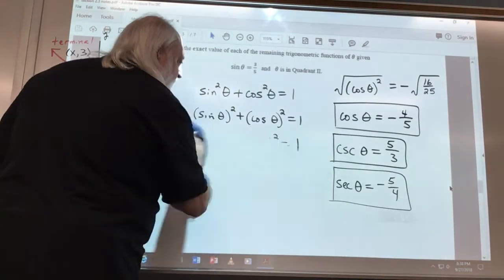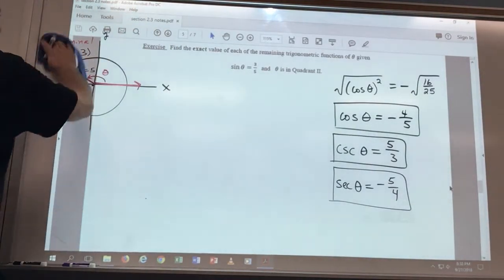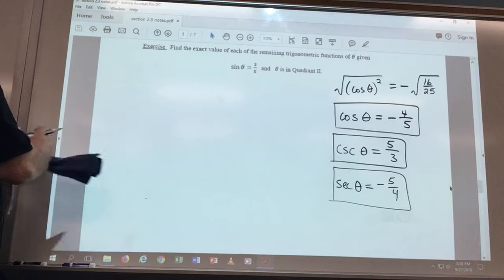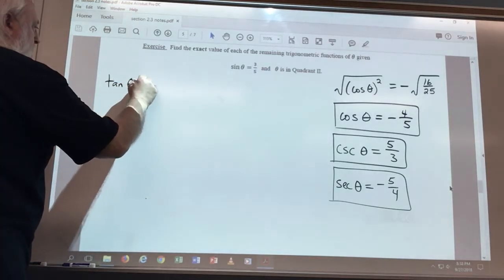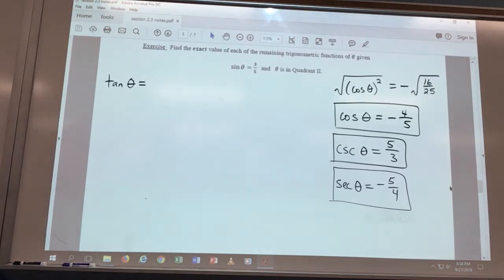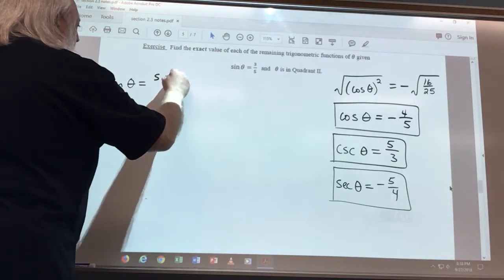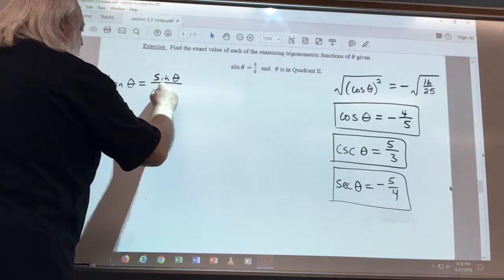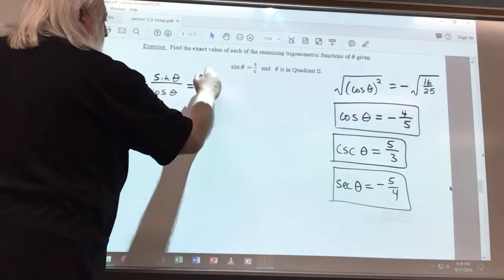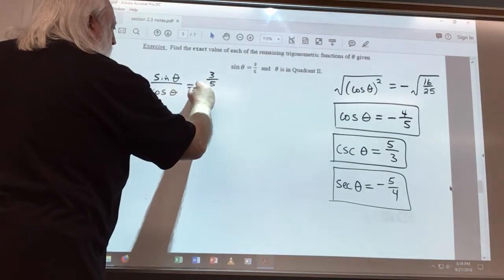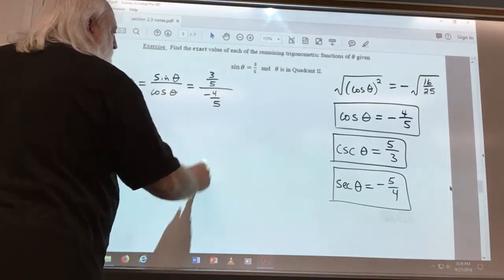And then that just leaves tangent and cotangent to find. Well, tangent theta from our fundamental identities is equal to sine theta over cosine theta. Well, sine theta we're given as 3/5. Cosine theta is equal to minus 4/5.